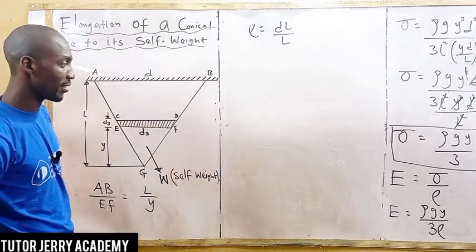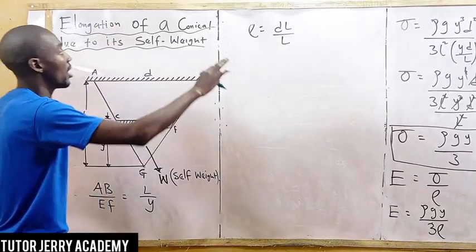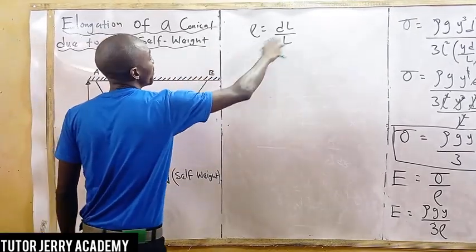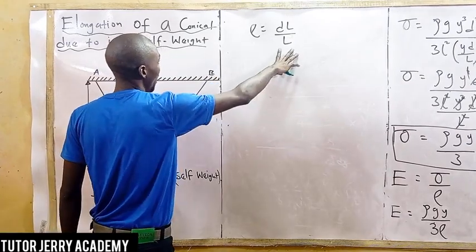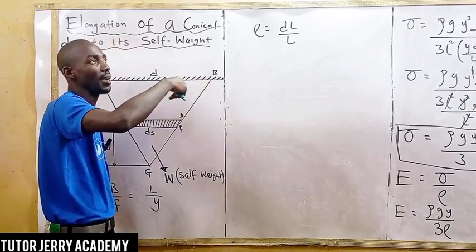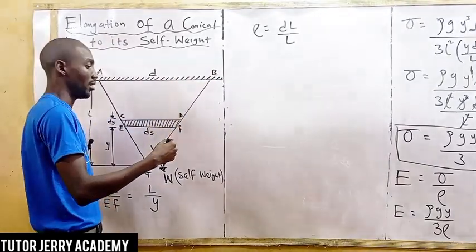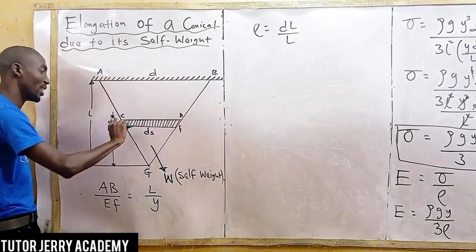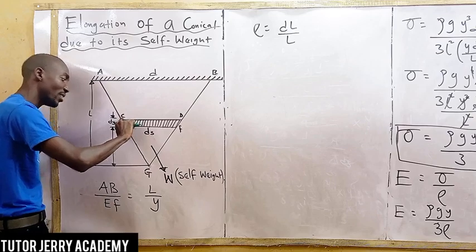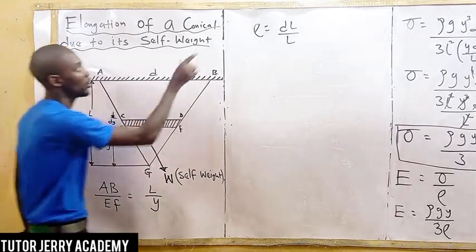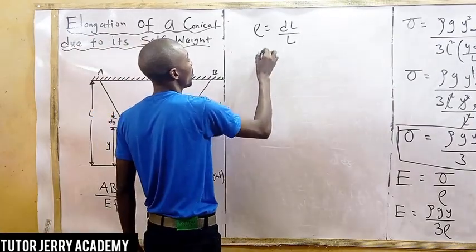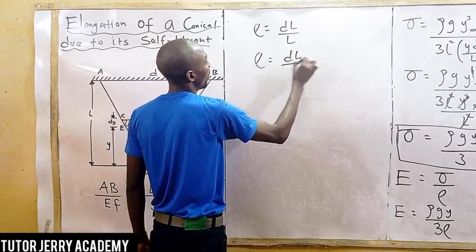We said strain is equal to dL all over y. That is the deformation all over the original length. And the original length of this differential element is y. So now our strain equals dL all over y.